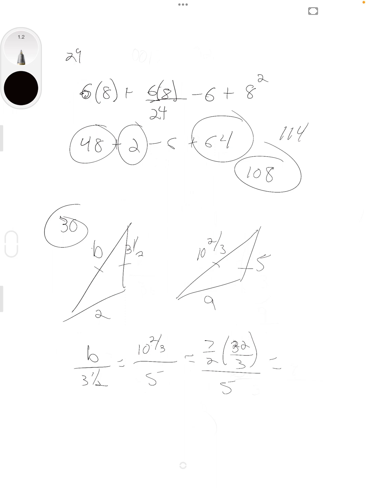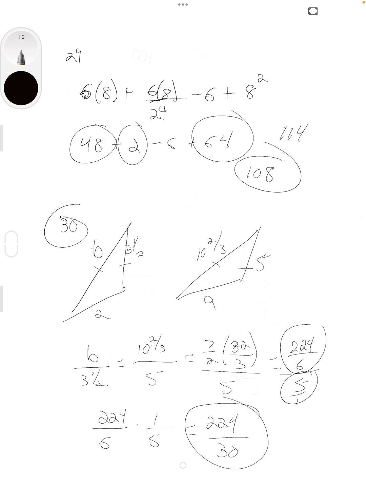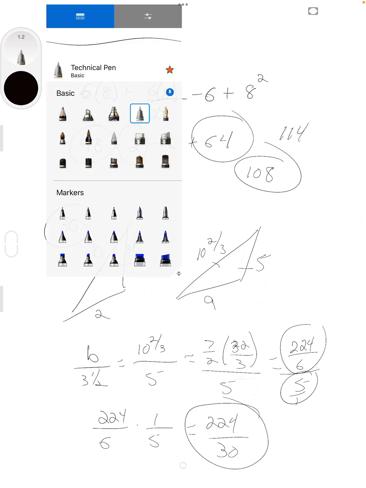Again, this is where my calculator comes in. 224 over 6 over 5. So this divided by that, which means 224 over 6 times the reciprocal of that, times 1/5. So it's 224 over 30. That's B.